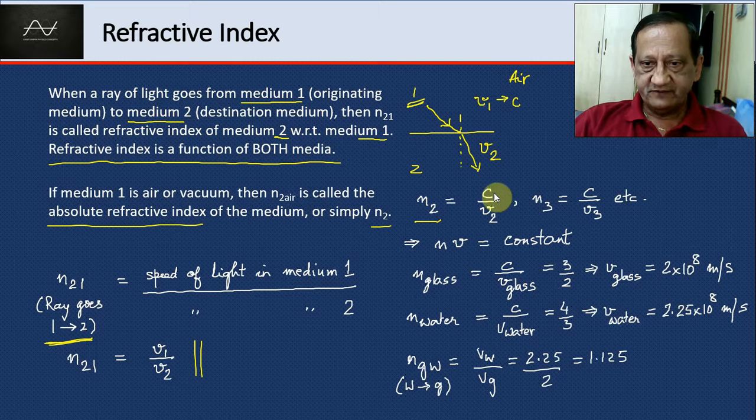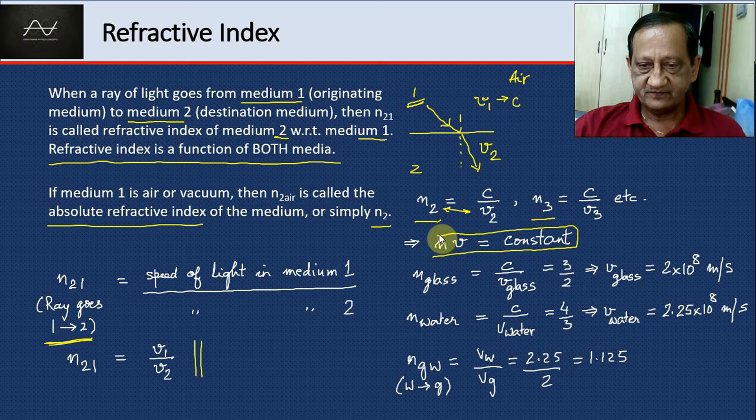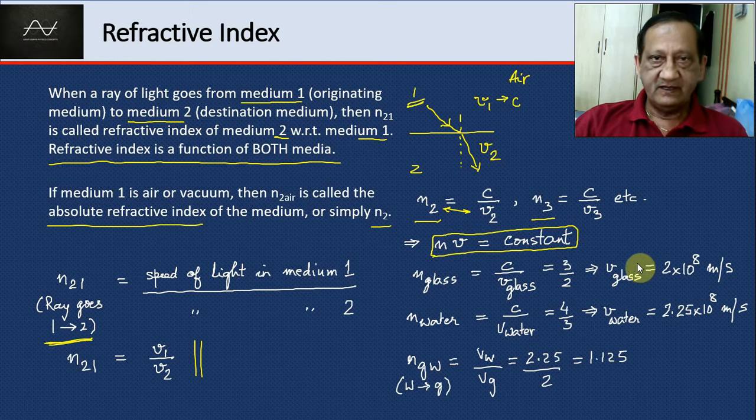That is the speed of light in medium 1, that is c, divided by the speed of light in medium 2. Another medium, N3, its refractive index N3 is c by v3, etc. So if you multiply N and v, N2V2 is equal to c, N3V3 is equal to c, that means NV is equal to constant. Absolute refractive index of a material multiplied by the speed of light in that material is a constant.